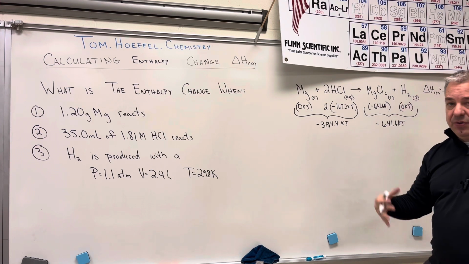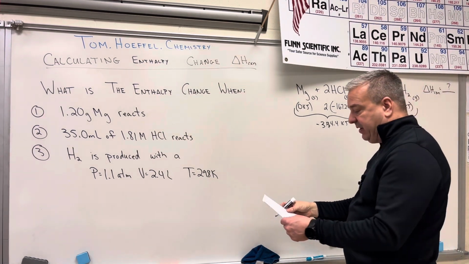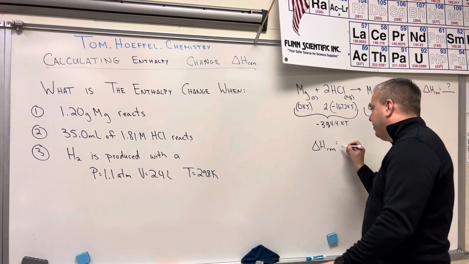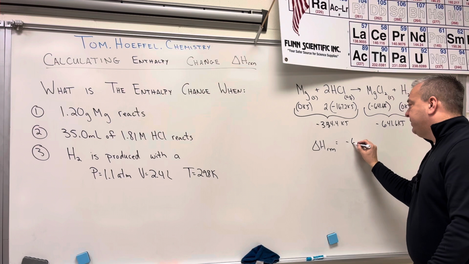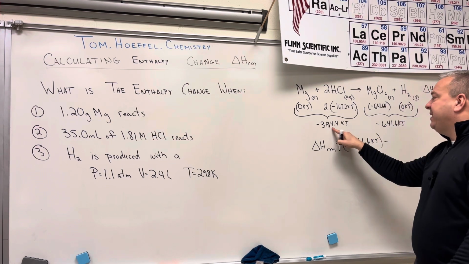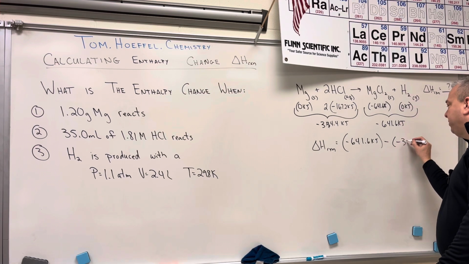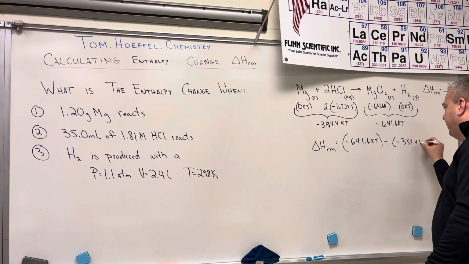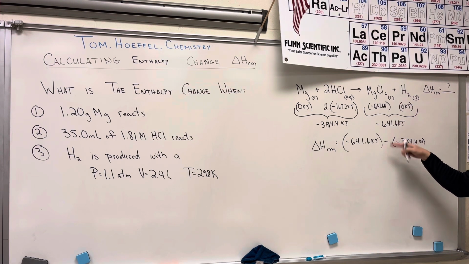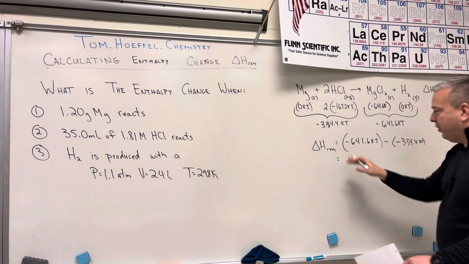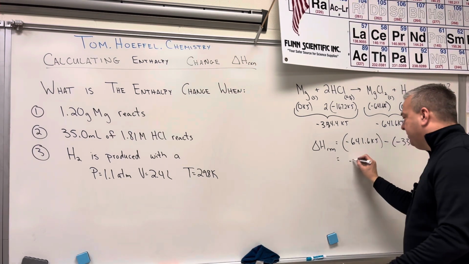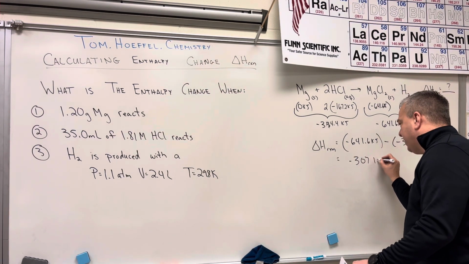And then I'm going to do the products minus the reactants. So to calculate the enthalpy change of the chemical reaction, it's the products, negative 641.6 kilojoules, minus the reactants, negative 334.4 kilojoules. And remember, when you subtract the negative, it's kind of like adding. So when I put this together, to 3 sig figs, I'm just going to leave it as 307 kilojoules.